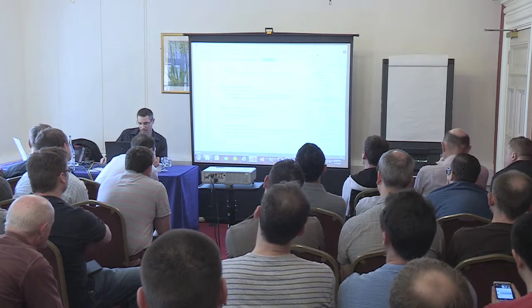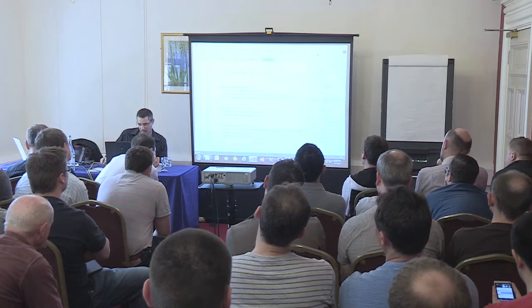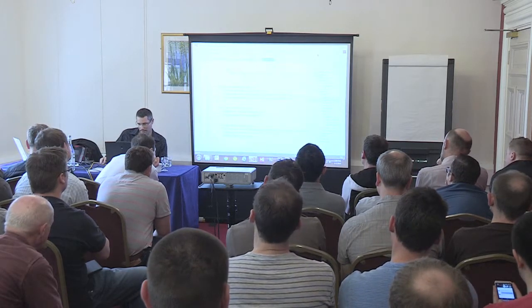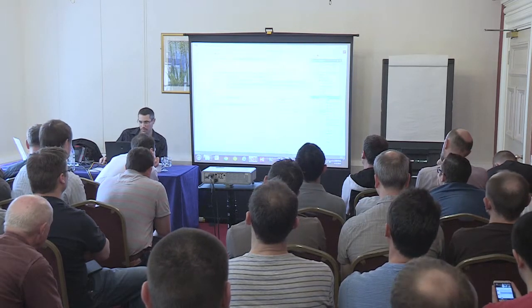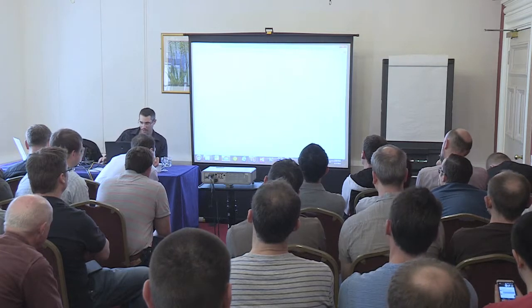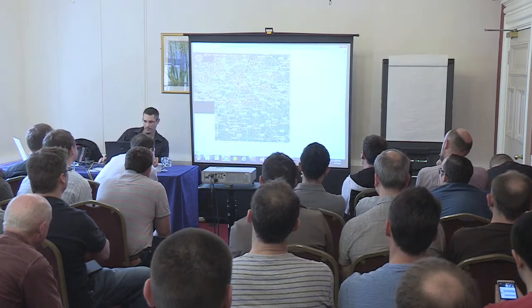The other stuff here just creates a layer and puts a push pin inside of that map. So let's see it in action. Hopefully it will work because I'm using a wire here.